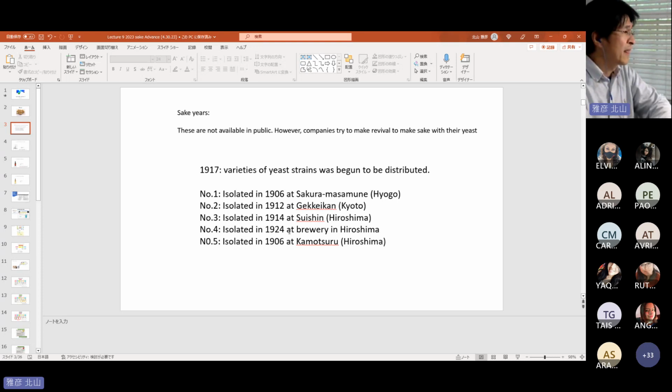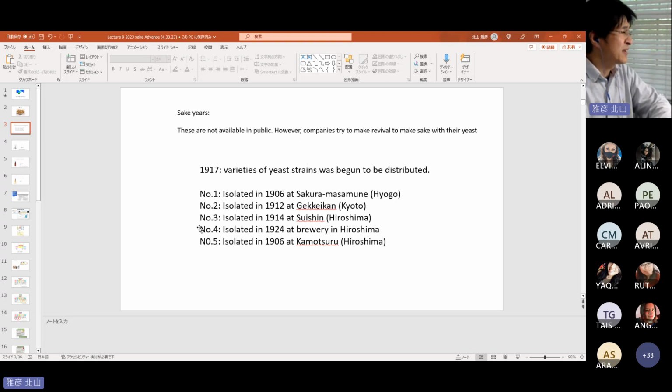And the same thing happened. But for the number 4 strain of yeast, people do not know exactly where this yeast strain was isolated from. A certain brewery in Hiroshima Prefecture was the origin of the number 4 yeast strain. But these days, nobody knows from which brewery this yeast was isolated.